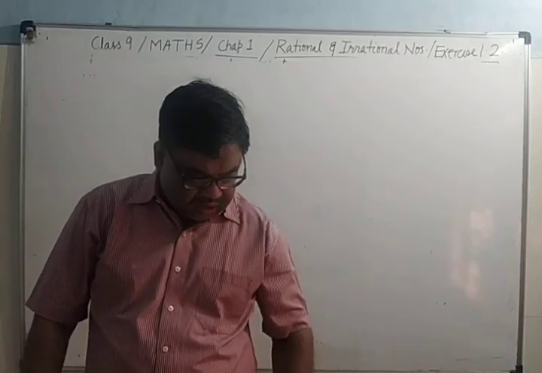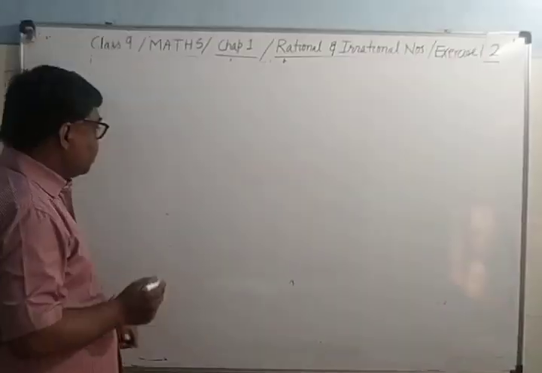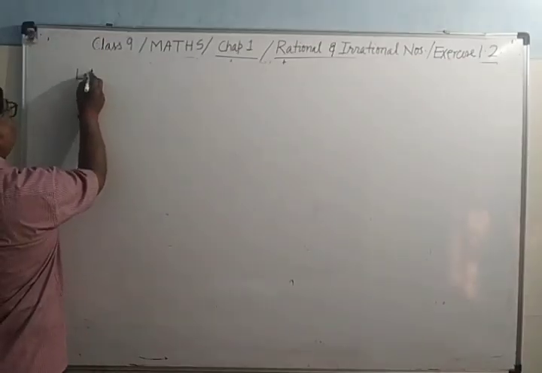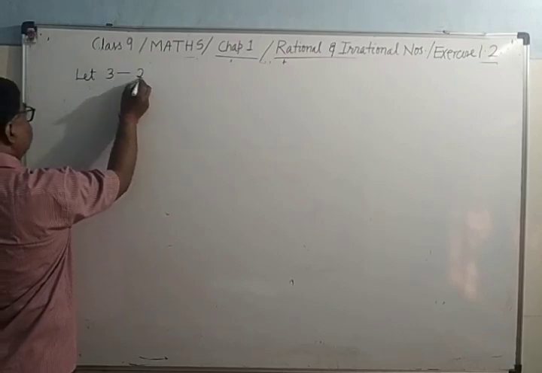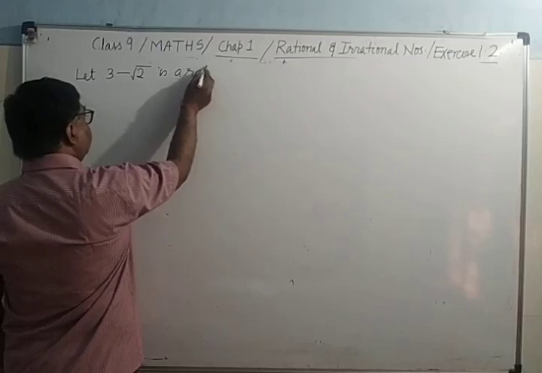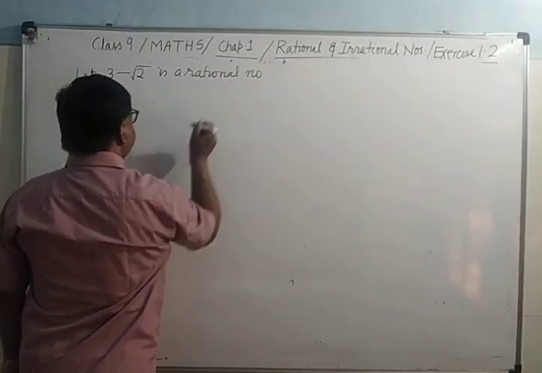So you can see here, prove that 3 minus root 2 is an irrational number. Let 3 minus root 2 be a rational number. We have assumed that it is a rational number.